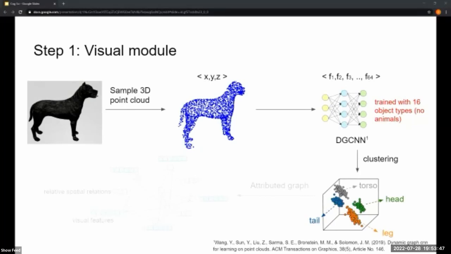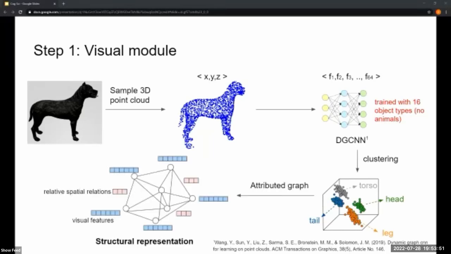We convert the clusters into an attributed graph, which is our structural representation, where the node attributes come from the mean feature of one cluster, and the edge attributes come from the spatial relation between two clusters.